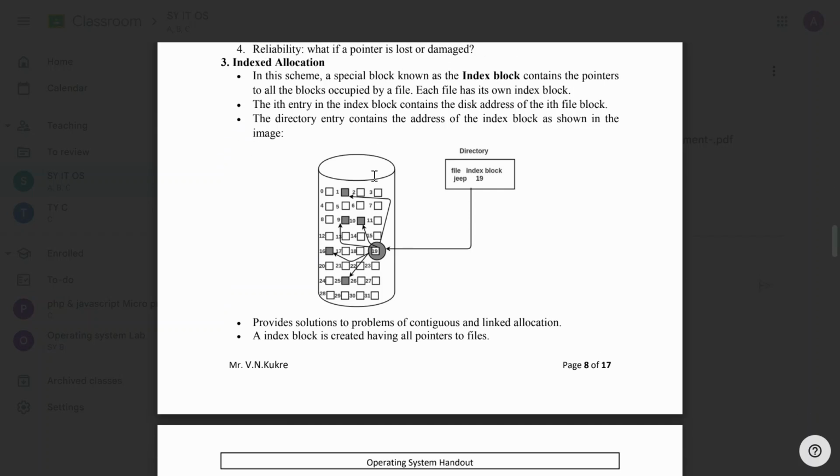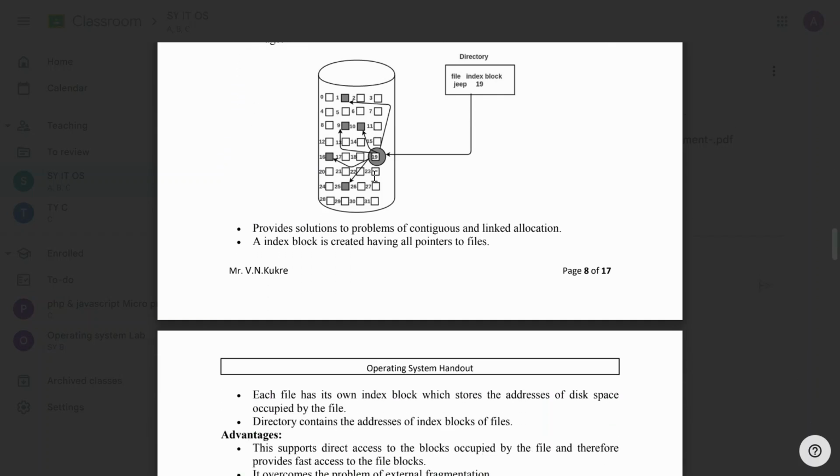Provides solution to a problem of contiguous and linked allocation. Yes, it is the solution. No need to provide the separate link, or we can say pointer, for every block of that particular file. So this is the solution of that.